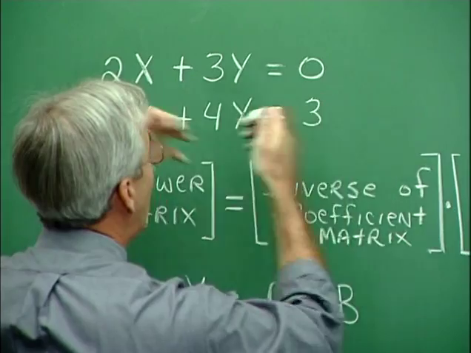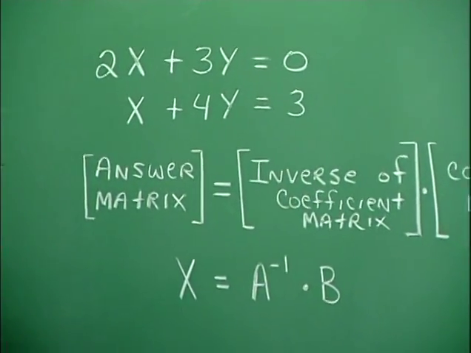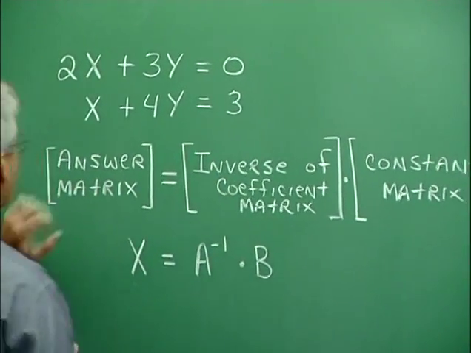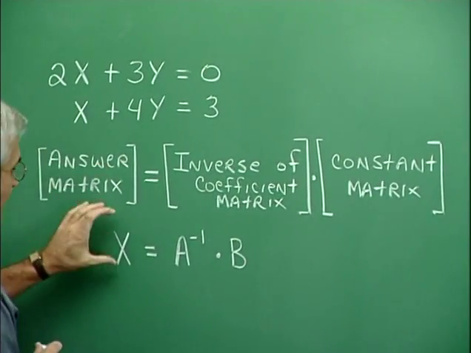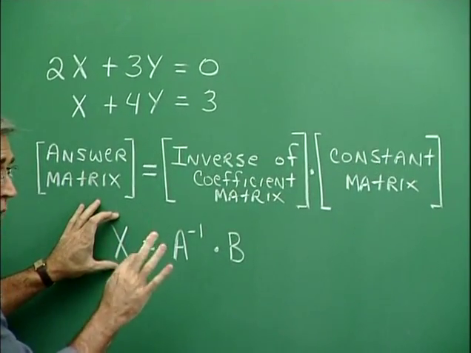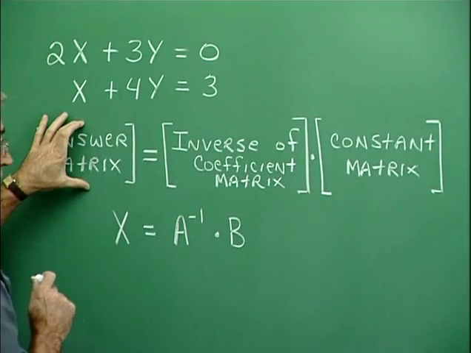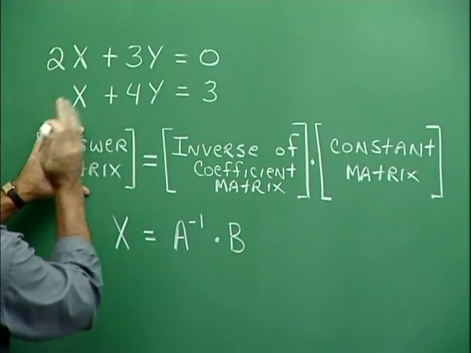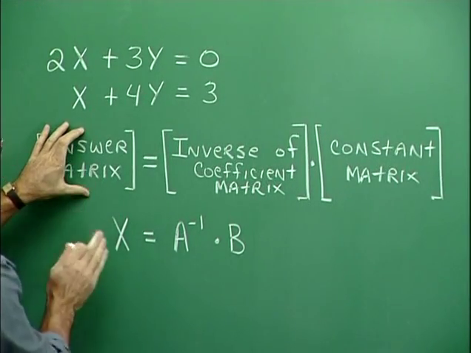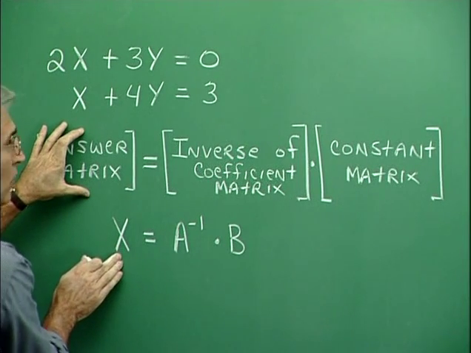All right, now it turns out to find the solution, in the matrix world, it is that the answer matrix, which we'll designate as X for unknown quantities. Now this answer matrix will contain the value of X and the value of Y, and I'm calling it the X matrix because of the unknown idea.